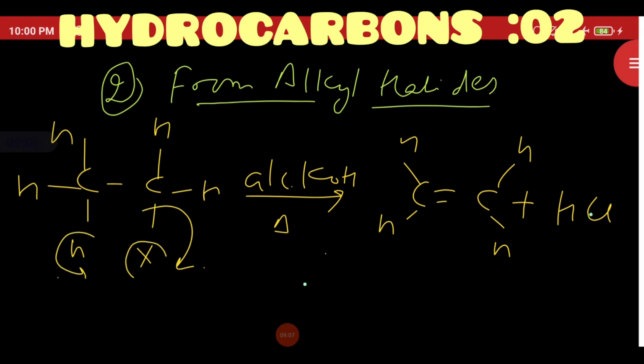The carbon to which the functional group is attached is called the alpha carbon, and the carbon next to the alpha carbon is called the beta carbon atom. Since in dehydrohalogenation reaction beta hydrogen is removed, this reaction is also called a beta elimination reaction.